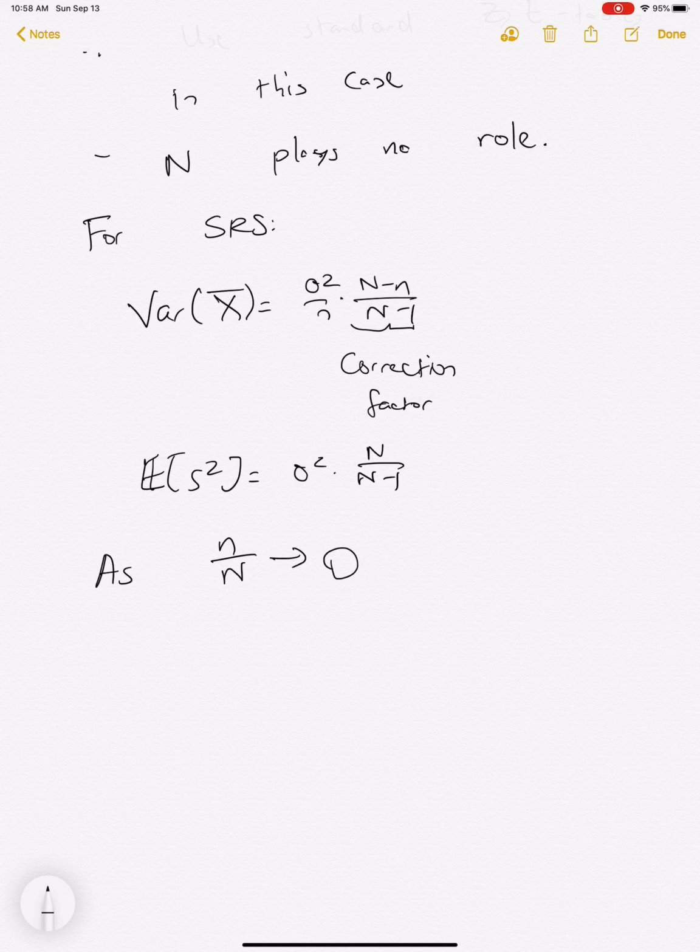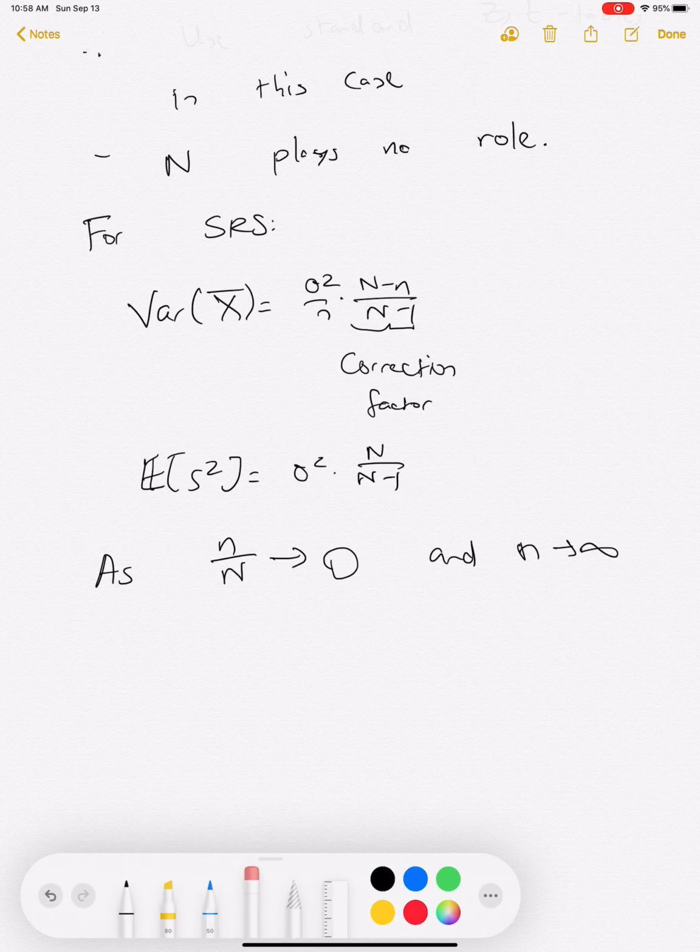So, for example, if you're looking at a voting sample of 100 in a population on the order of millions, that's going to be very, very small. So if we have that, n over N is going to 0.